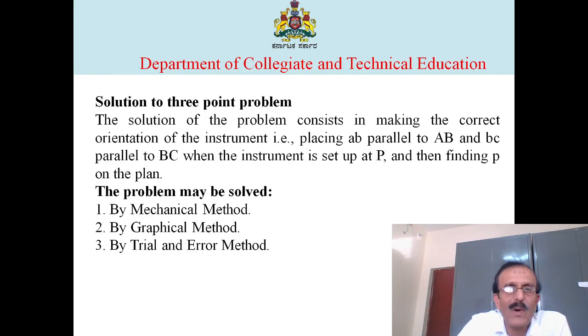The solution consists of making the correct orientation of the instrument, that is placing ab parallel to ground station AB and bc parallel to ground station BC when the instrument is set up at P, and then finding small p on the plan.